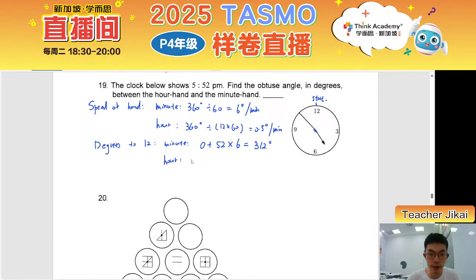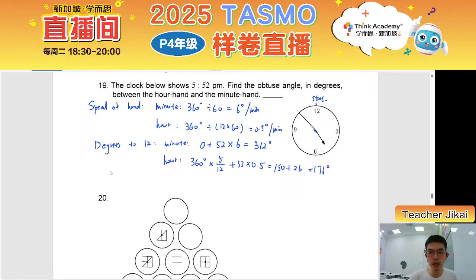How many degrees are there? 360 degrees for the total of 12 hours, and we have 5 p.m., so it means we already have 5 over 12 here, which is 150 degrees. And then based on it, it traveled for 52 minutes. So it's 52 minutes times 0.5 degrees per minute. So it will be 150 plus 26, 176 degrees.